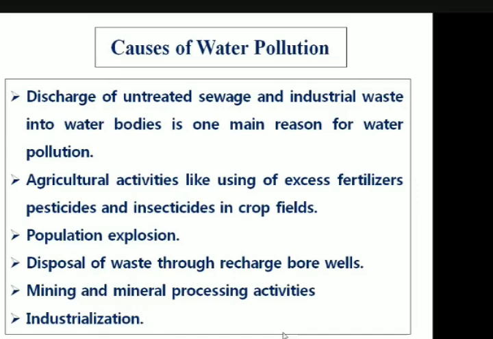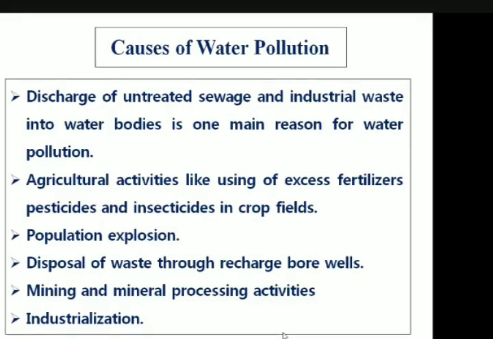Industries like the textile industry and the paper and pulp industry are one main cause of water pollution. Also agricultural activities like using excess fertilizers, pesticides and insecticides in crop fields. When farmers use excess fertilizers and pesticides, the runoff water during rain may carry the fertilizers, pesticides and insecticides and contaminate nearby water bodies like lakes and rivers.